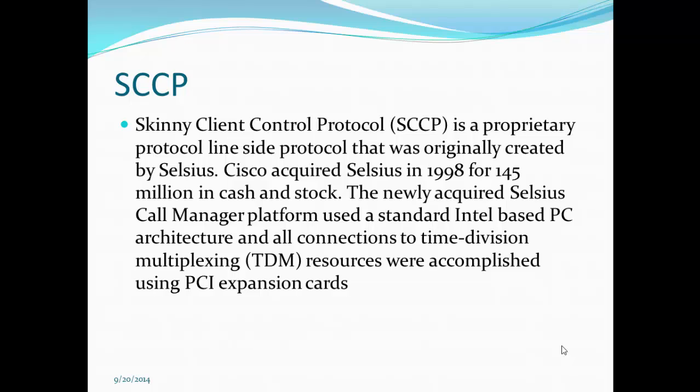So the newly acquired Selsius Call Manager platform used a standardized Intel-based PC architecture, and call connection to time division multiplexing, or TDM, resources was accomplished using PCI expansion cards.